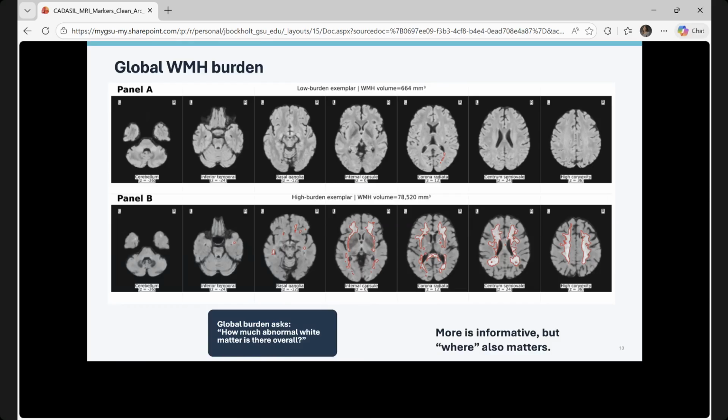The areas that you see circled that are bright are all what we would call lesion tissue. That's actually what we're measuring. And the amount that we measure is normalized or divided by the total brain volume, so you're looking at a ratio of lesion over the entire brain size.